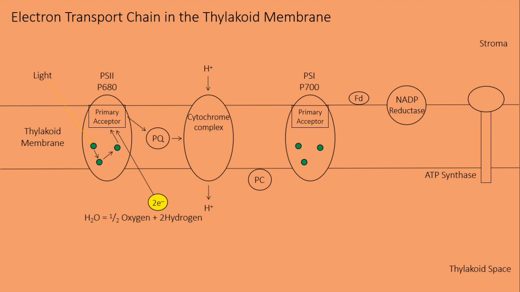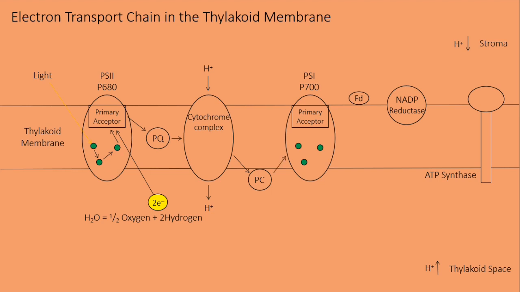So, the proton concentration in the stroma is going to decrease, while the proton concentration inside the thylakoid is going to increase, producing a concentration gradient. Then, the electrons will continue to flow from the cytochrome complex to a peripheral protein, plastocyanin, which is a copper-containing protein. It will then transfer the electrons to photosystem 1.